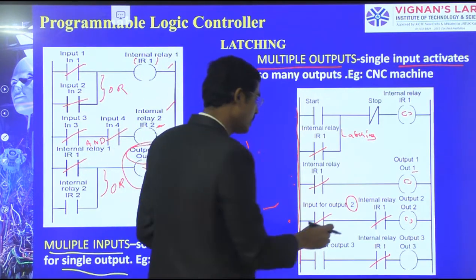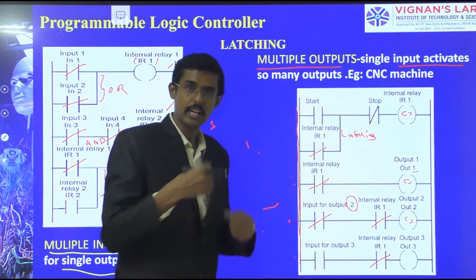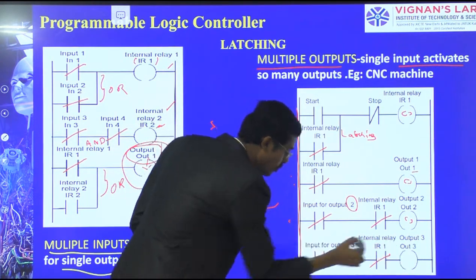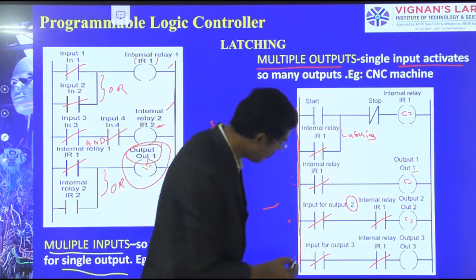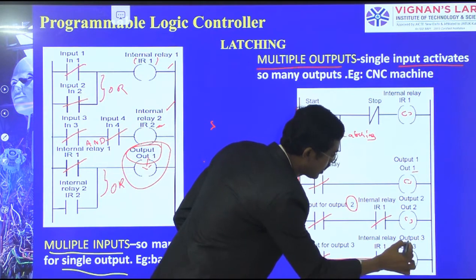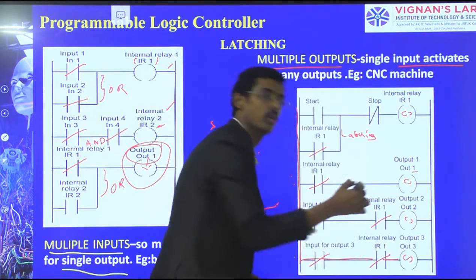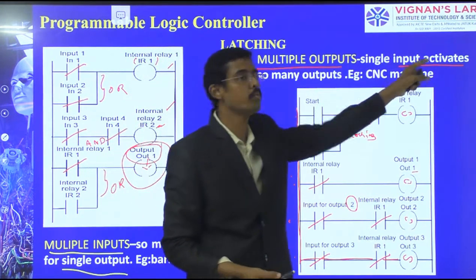Now, when input has been given by the switch for output 3, what happens? The power goes from here to here, it connects and starts the output. So what I have done is multiple outputs on a single input activity.